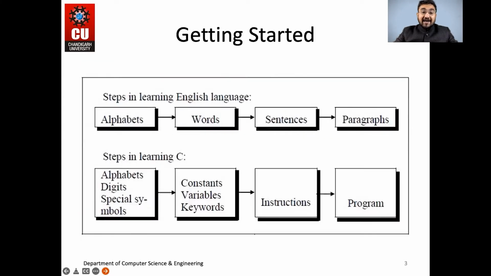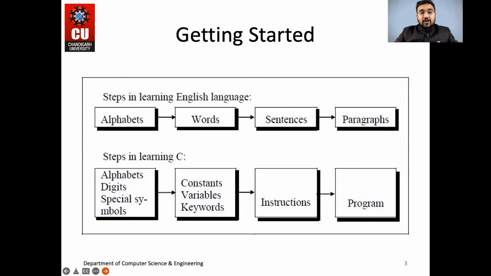Now, as you can see here on the screen, when we begin to learn the English language, we first start up with the alphabets, right? And then we use those alphabets to construct words. And then gradually words were used to construct sentences and so on, paragraphs, right?